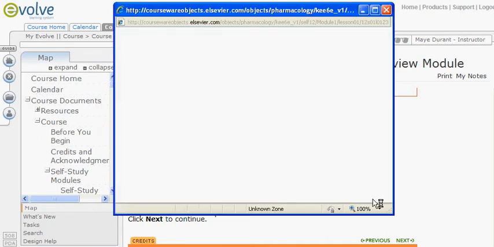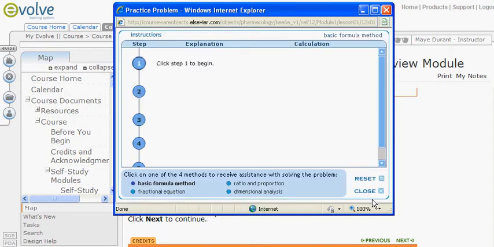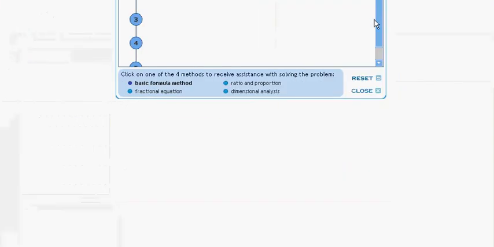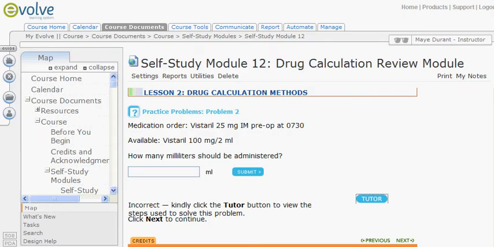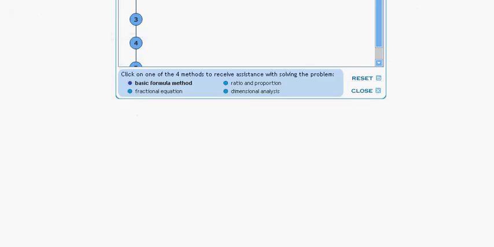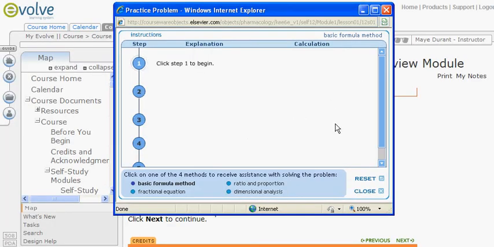Now what this will do for you is it will take you through the different types and different steps if you want to. So pick the area or the steps that you would like to do more. Let me open this back up so you can see it better. Okay. Here there's a basic formula, a fractional equation, ratio, proportion, and dimensional analysis.